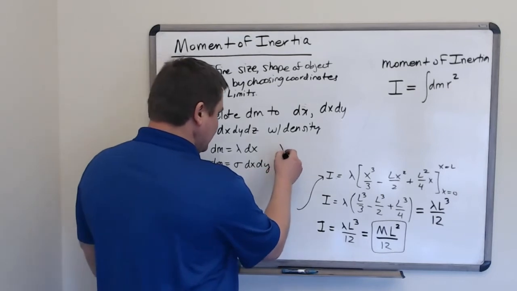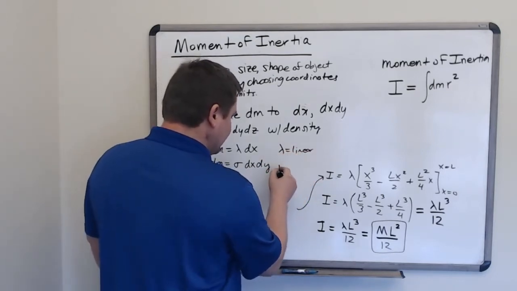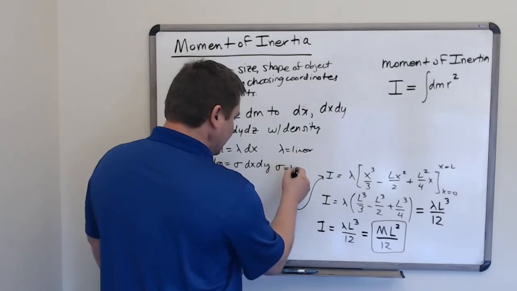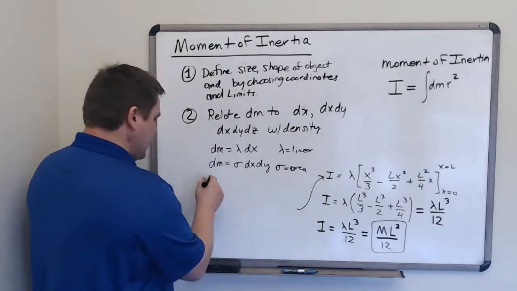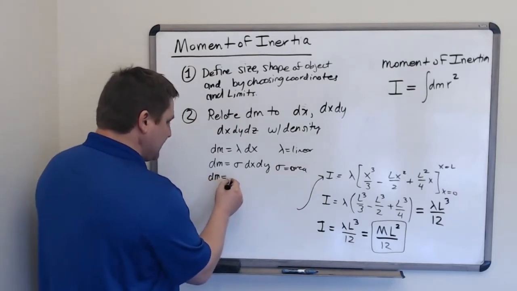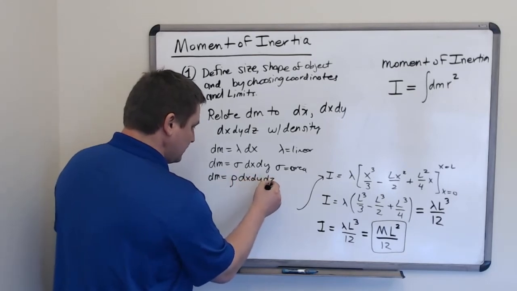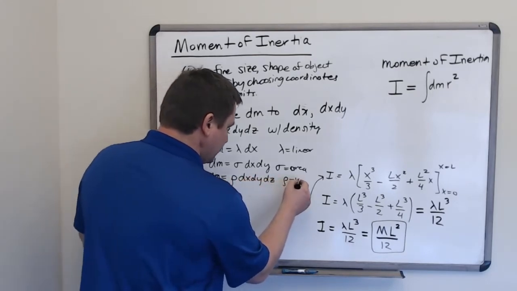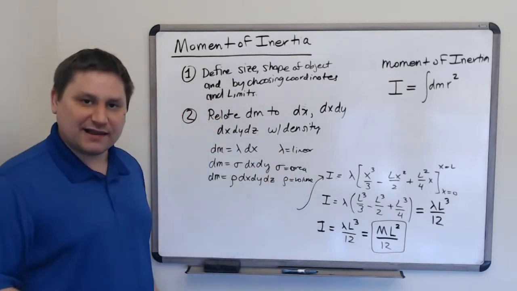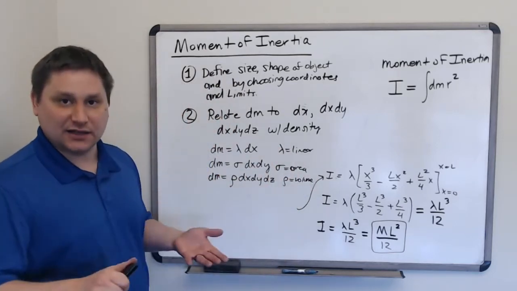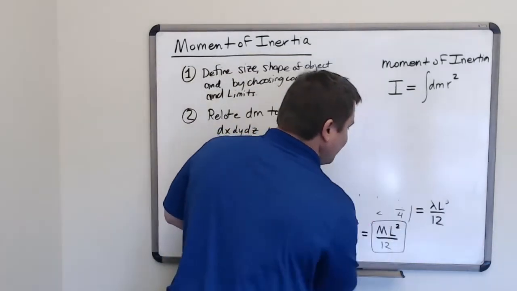All right, so lambda is linear mass density, sigma is areal mass density. And if we have a three-dimensional object, then we use the volume mass density rho, kilograms per cubic meter. So that is our second step.